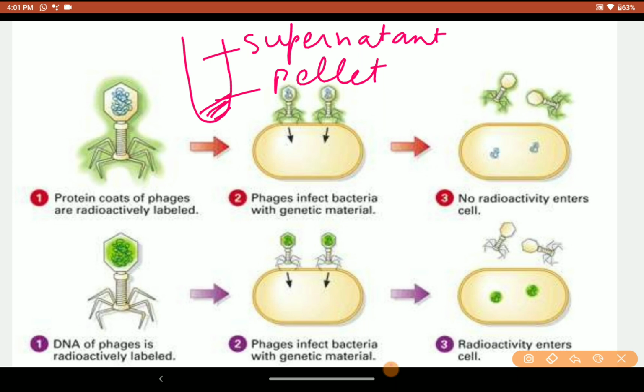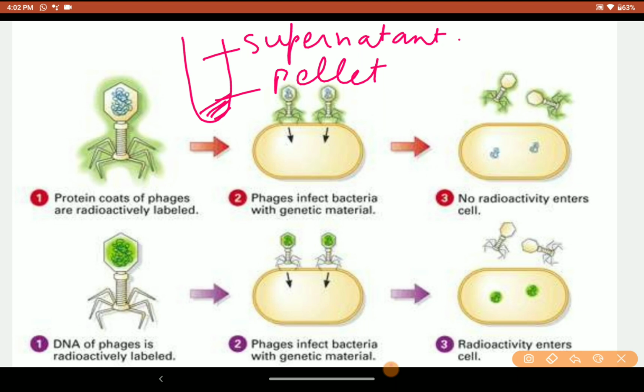Now, in the first one where the protein coat was radioactive, radioactivity was found in the supernatant but not in the pellet. Because the radioactivity was found in the supernatant, that means the radioactive protein did not enter into the bacteria. Therefore, the protein is not the genetic material.